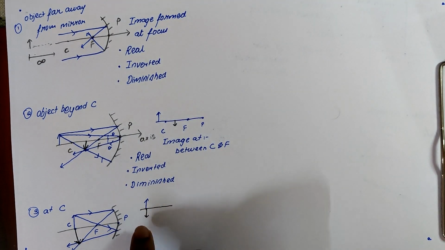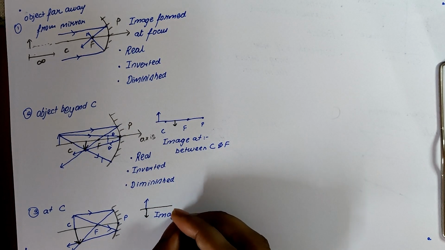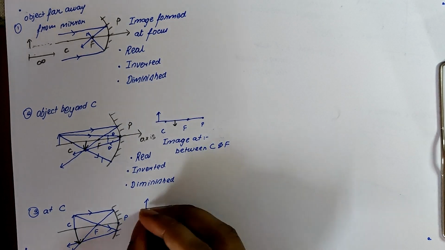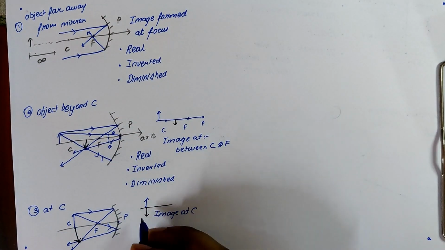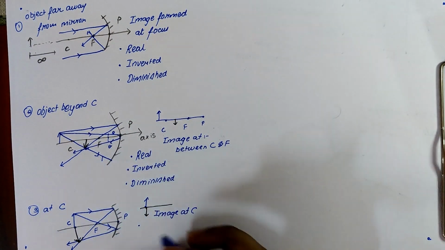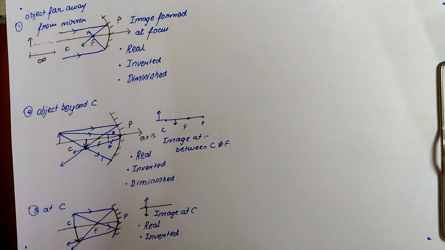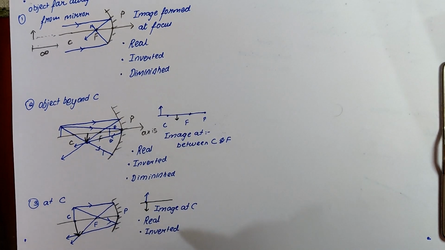You can see the image is on C itself. That means it did not change its position. Now we already know that it's real and we know it's inverted, and we know that this image, whether it's going to be diminished or enlarged, it's neither.